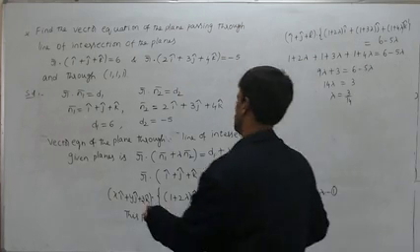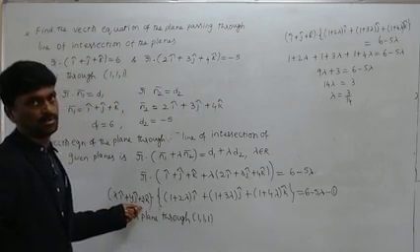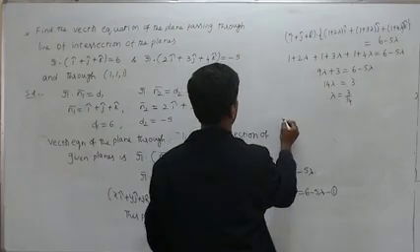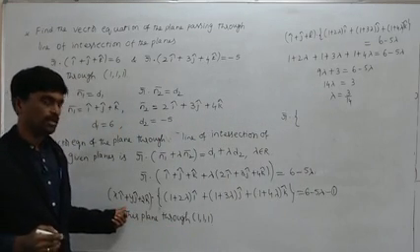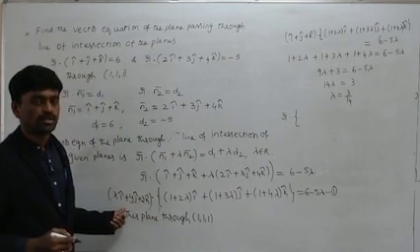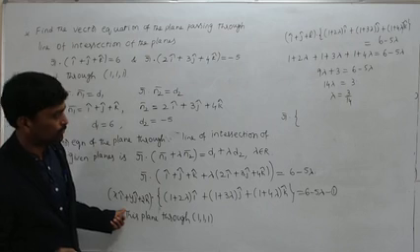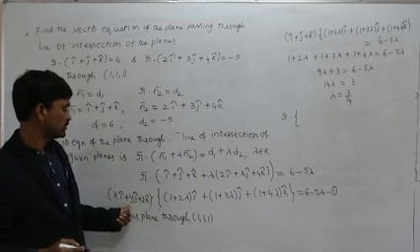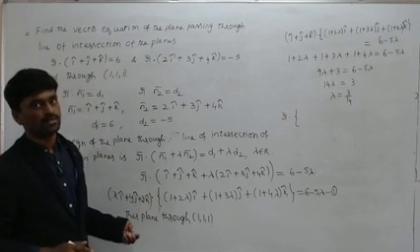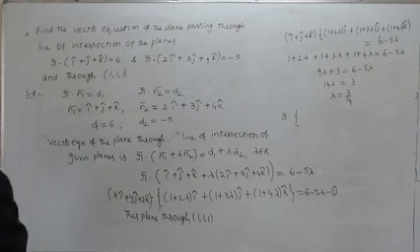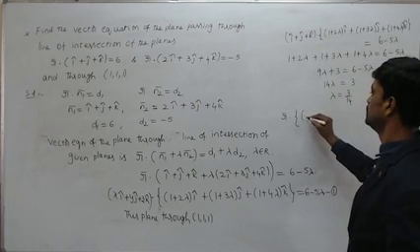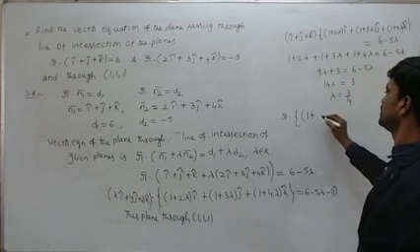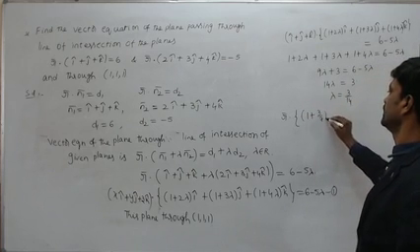Then what will you get? xi cap plus yj cap plus zk cap, that is nothing but r bar only. So r bar dot, I am putting the lambda value 3 by 14 in this equation. So r bar dot: 1 plus 2 lambda, 2 into 3 by 14 is 3 by 7, into i cap.